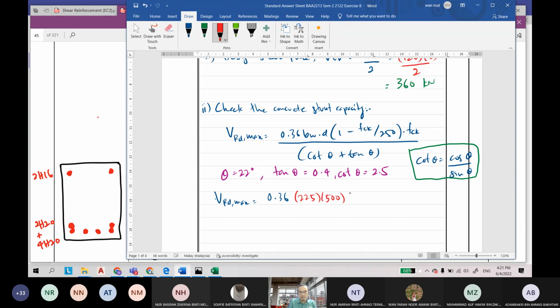Then following this equation, 1 minus 30 divided by 250, times fck is 30, and then cotangent theta is 2.5 plus tangent theta is 0.4.